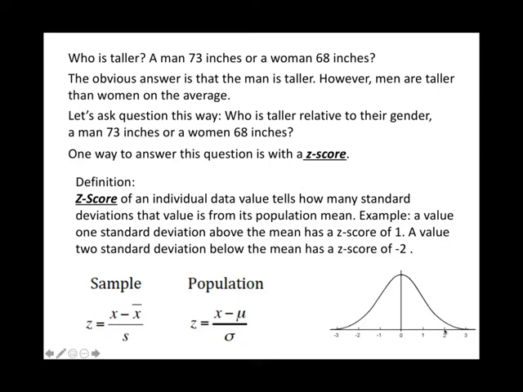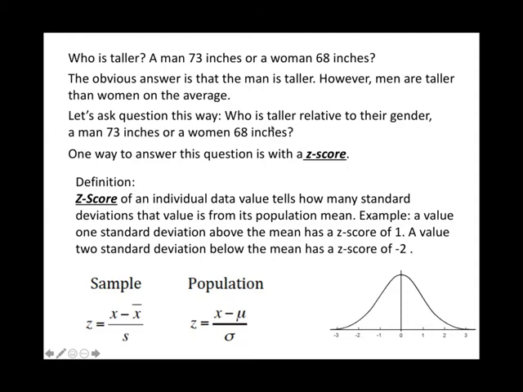This one means 2 standard deviations above the mean. So this is the z-score equal to 2. Just like here, this is the mean minus 1 standard deviation. So we say it's 1 standard deviation below the mean. So the z-score is going to be -1.